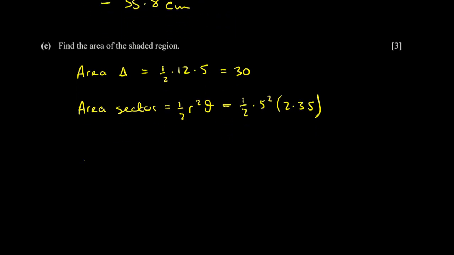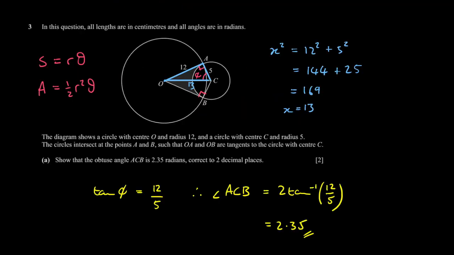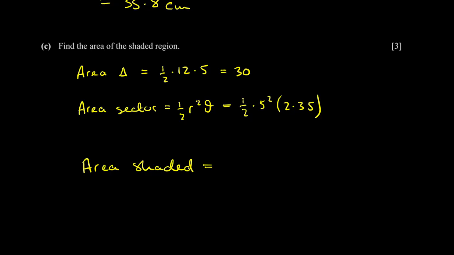So what would be the total area? The area of the shaded region will be the area of this kite, which is 2 lots of the triangle, so 2 times 30, minus the area of the sector, which is a half times 5 squared, which is 25, times the angle in radians, 2.35. Okay, so let me just do that.